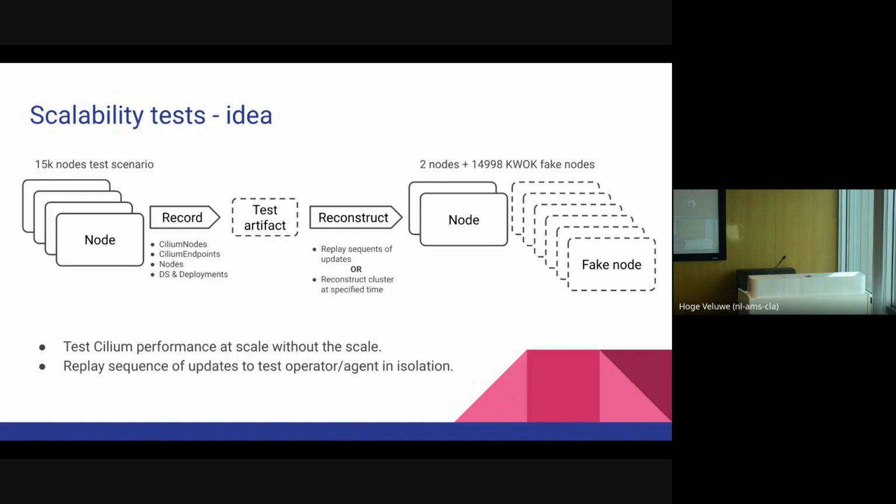For example, with Cilium nodes, we found the issue and we already had a fix for it. Processing Cilium nodes was very time consuming on startup, and it even took like 8 minutes to start, which was not enough, and the Cilium agent was killed before it could finish.